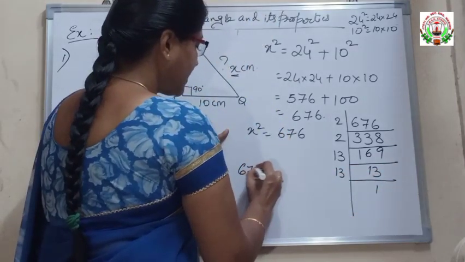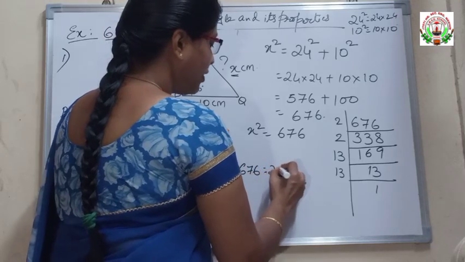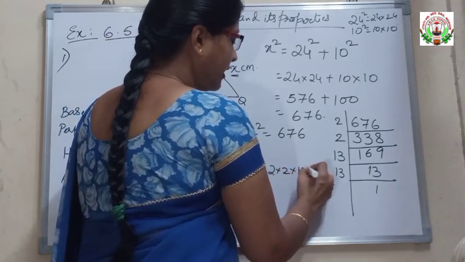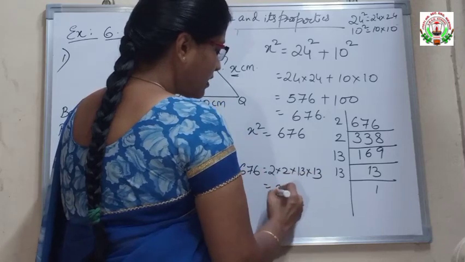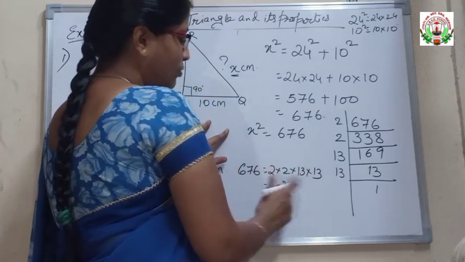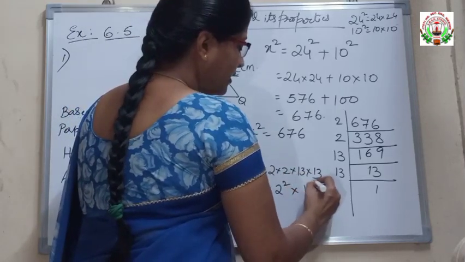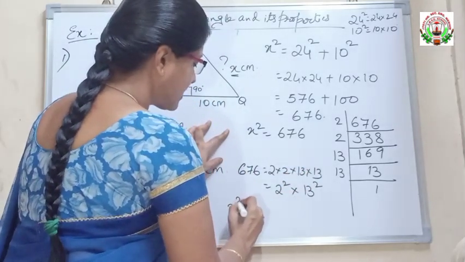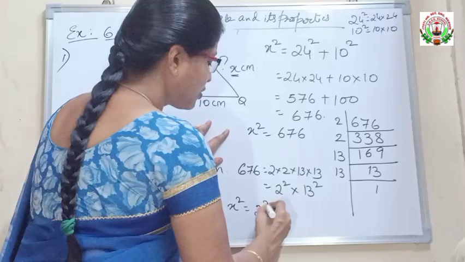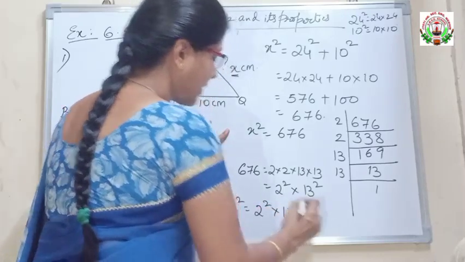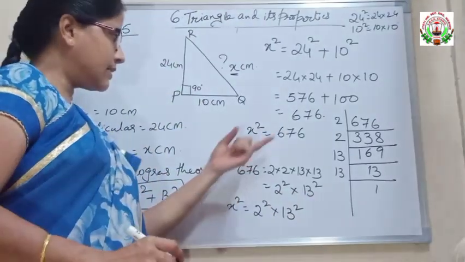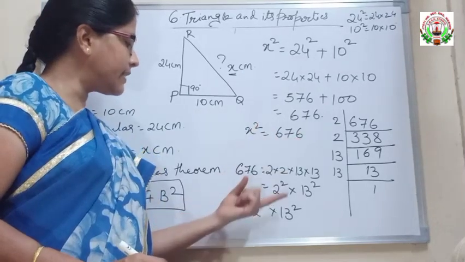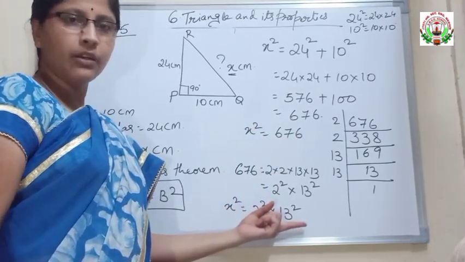So 676 will be 2 into 2 into 13 into 13. This is 2 square, because 2 is coming 2 times, into 13 square, as 13 is coming 2 times. So x square is equal to 2 square into 13 square.